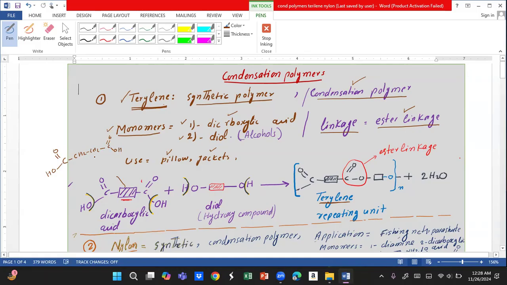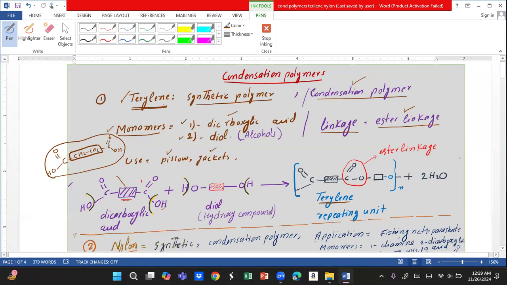You understand? So this is included in the group, the block, sorry. This is the block diagram of the dicarboxylic group. Why is it dicarboxylic? Because it has two carboxylic groups in it.